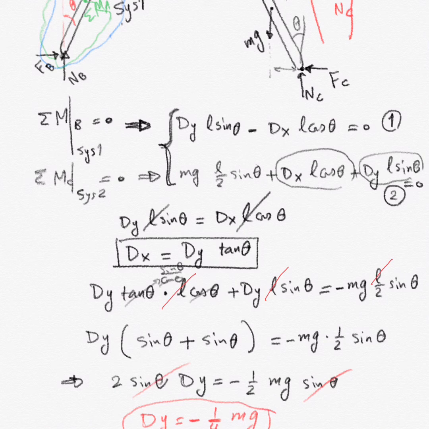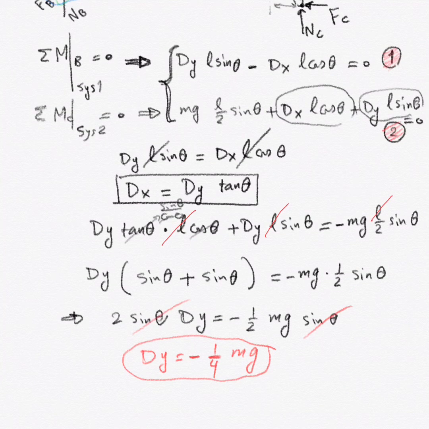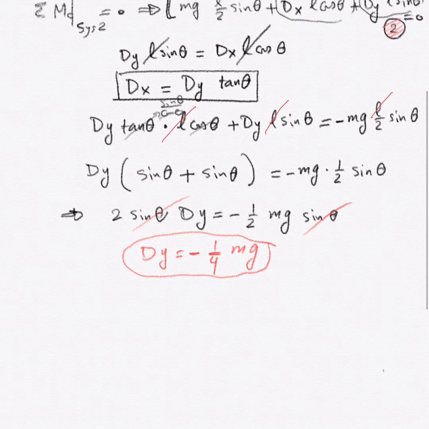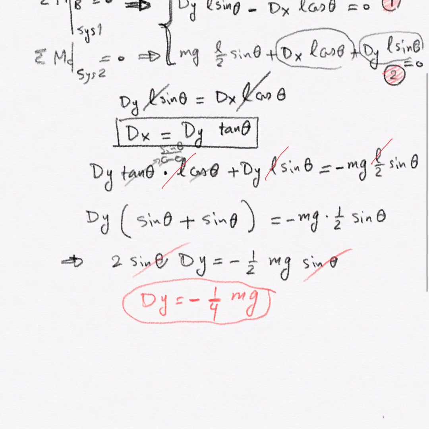And then you can put it either in equation 1, this one that I'm highlighting, or equation 2 to solve for dx. So if I have dy, let's use for example equation number 1, right?